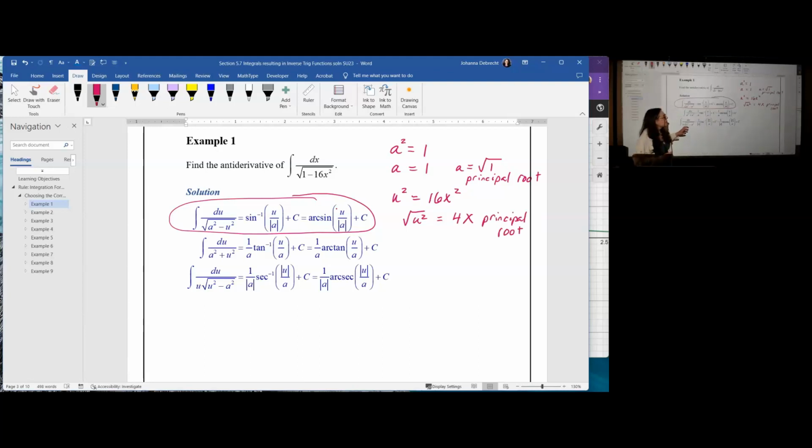Now, the next thing I'm going to do is identify du. Since this is going to give me u, then I can take the derivative of u with respect to the original differential dx, and this would give me 4. And I abuse the notation by swinging the dx around to get 4 dx.